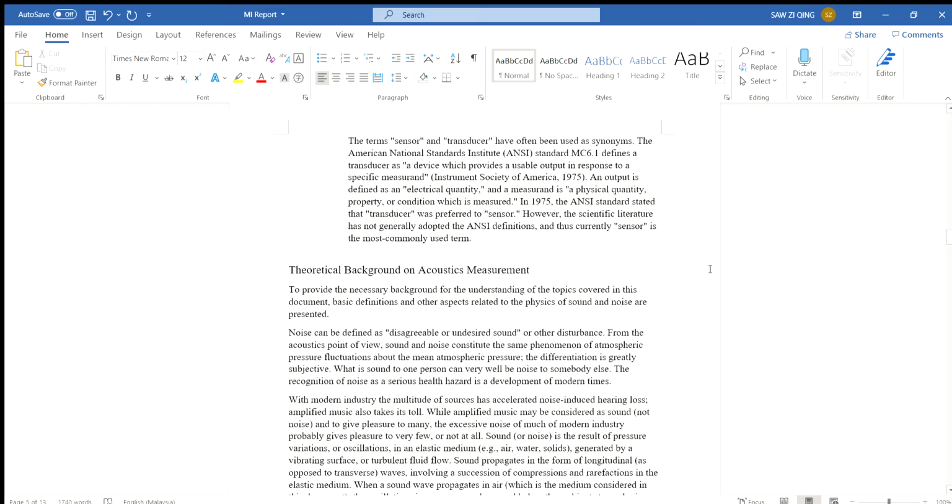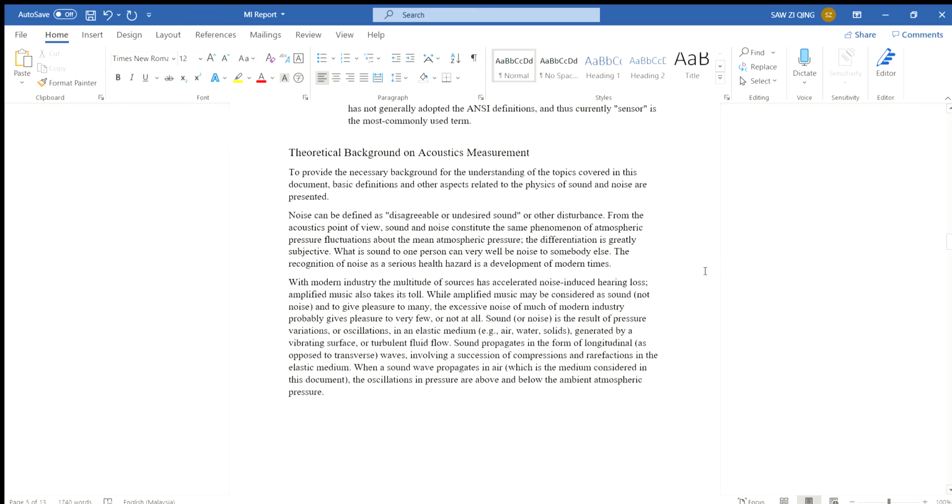And then theoretical background on acoustic measurement to provide necessary background for understanding of the topics. The basic definitions and other aspects related to the physics of sound and noise are presented. Noise can be defined as disagreeable or undesired sound or other disturbance.